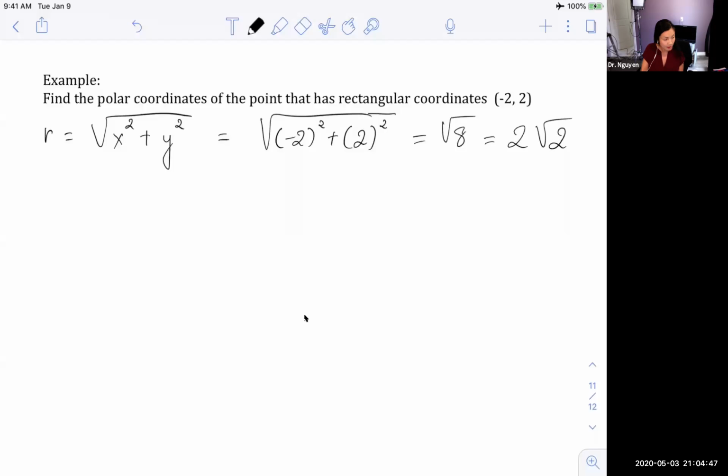Now, where is negative 2, 2? Negative 2, 2 is right here, right? So this is Q2.